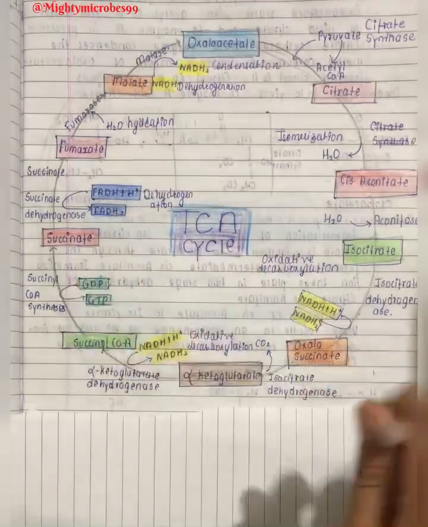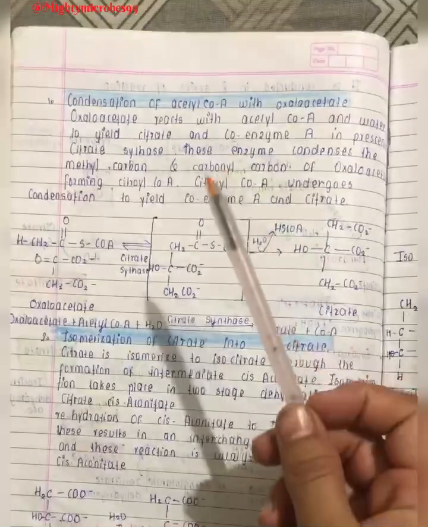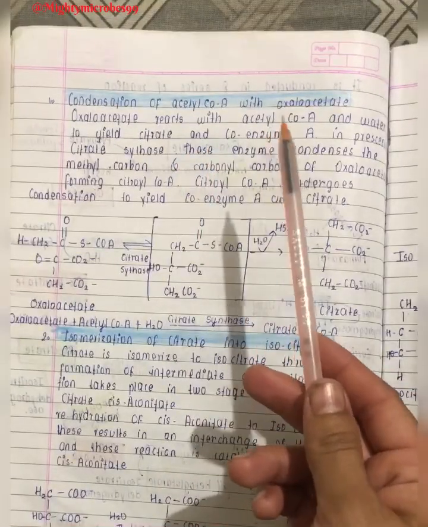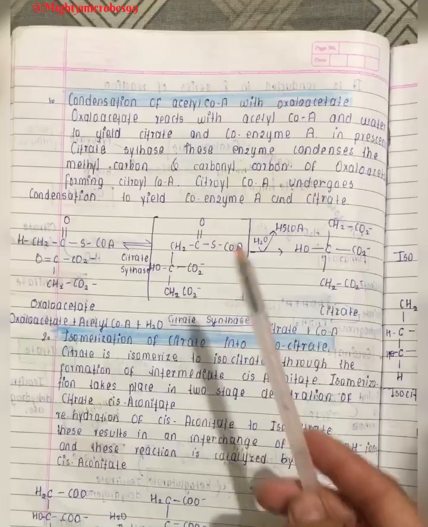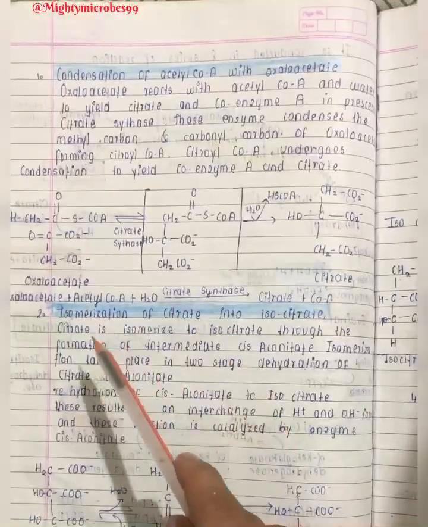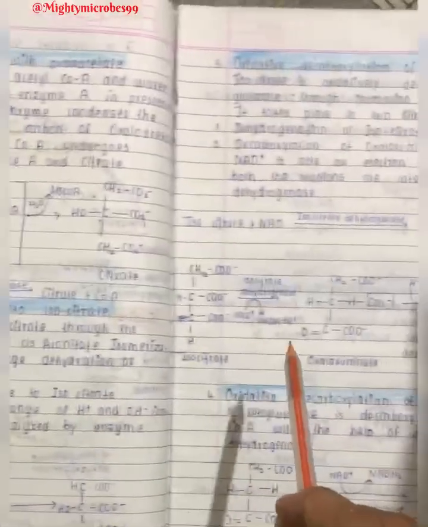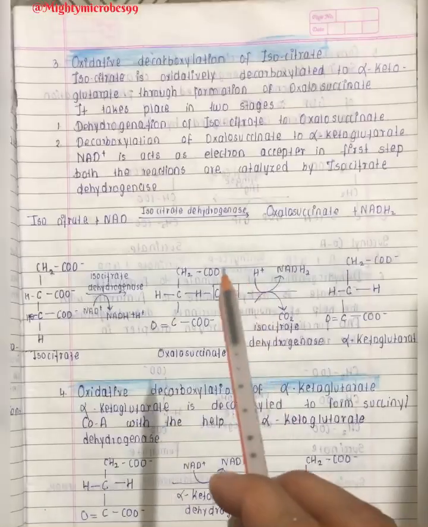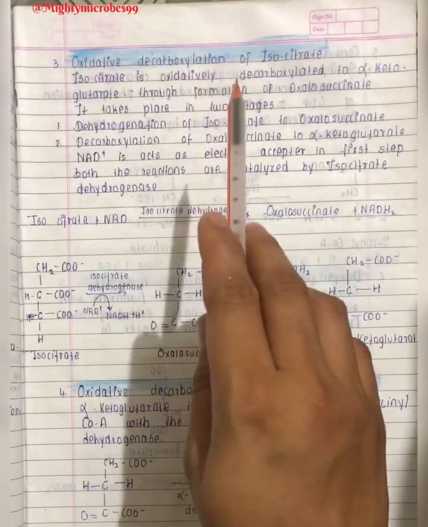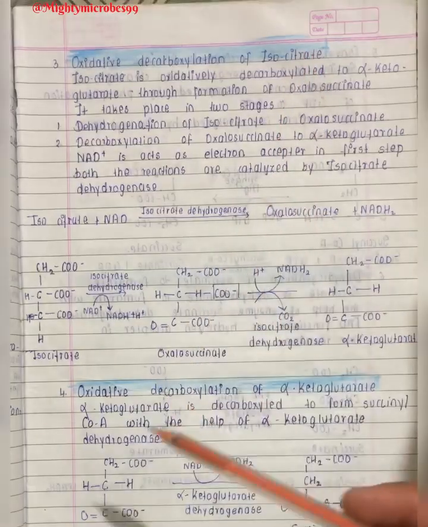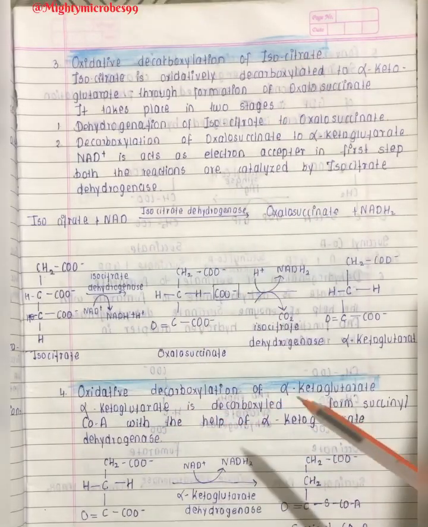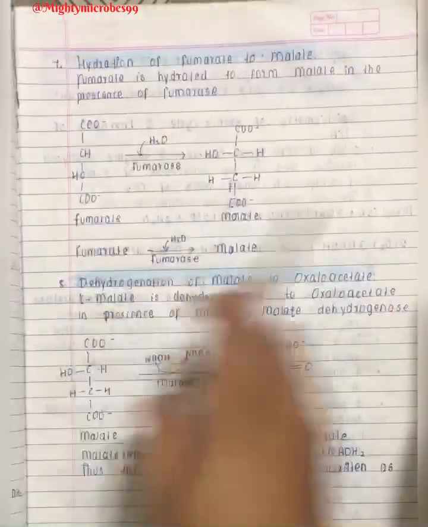So now in the next point, detailed notes are given. There is the condensation of acetyl CoA with oxaloacetate, then isomerization of citrate into isocitrate, decarboxylation of isocitrate, then oxidative decarboxylation of alpha ketoglutarate.